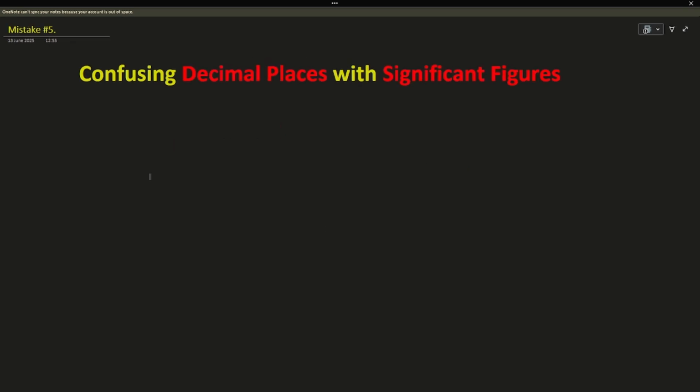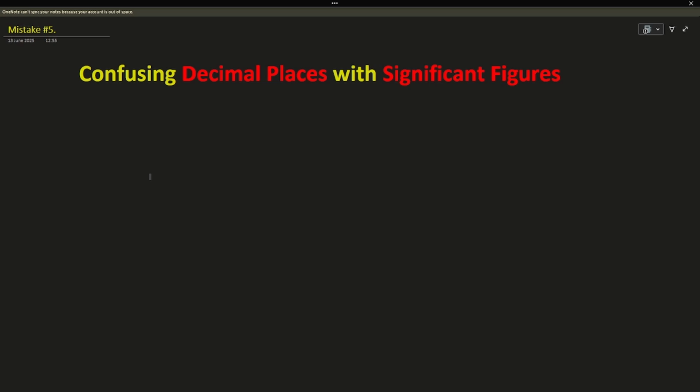So our final mistake that students make when it comes to rounding is confusing decimal places with significant figures. While they both deal with the precision of a number, they are not the same thing.